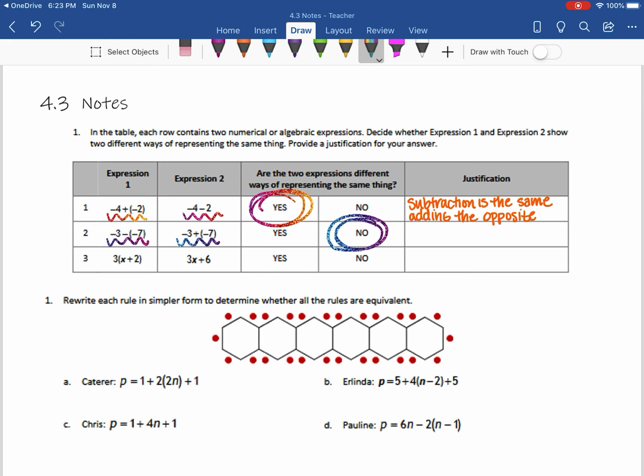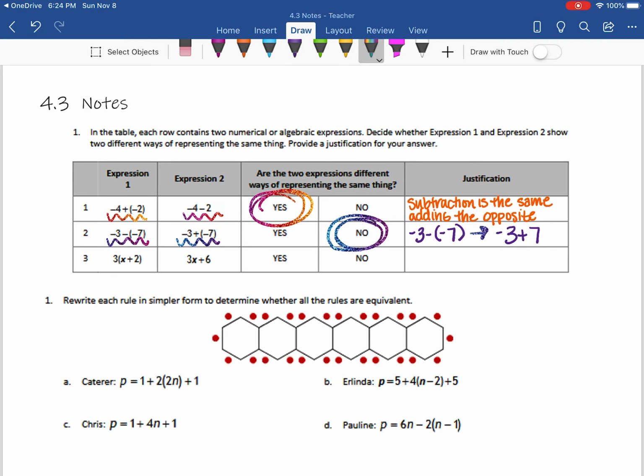I'm actually just going to simplify what the first one is. So negative 3 minus negative 7 is actually equivalent to negative 3 plus 7. So remember, subtraction is the same as adding the opposite. If we are subtracting a negative 7, it's the same as adding a positive 7.